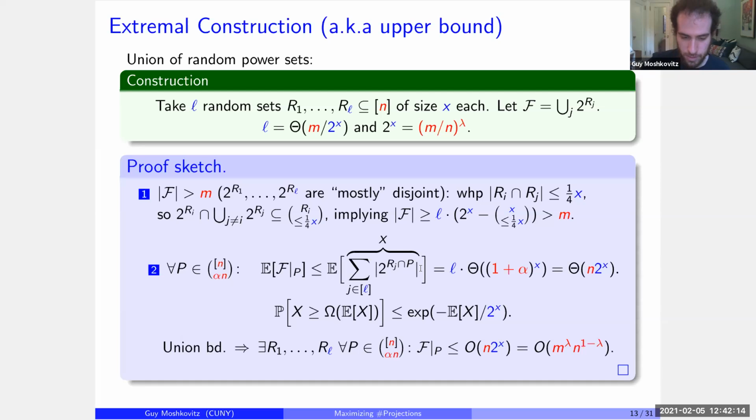So concentrated that we can apply the union bound over all choices of p, and that gives us that the expectation is also a bound on the number of projections, but the expectation for our choice of parameters is exactly what we wanted to prove.